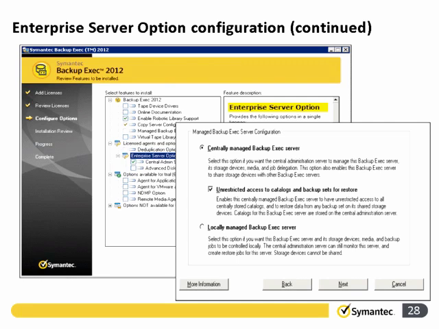To install the enterprise server option, I have to tell it whether or not I want it to be the central admin option and how I want catalogs to be configured. And we'll go into catalog configuration in the later lessons in Backup Exec. At this point, the important thing to know is the default is that the catalogs will be listed in both places.